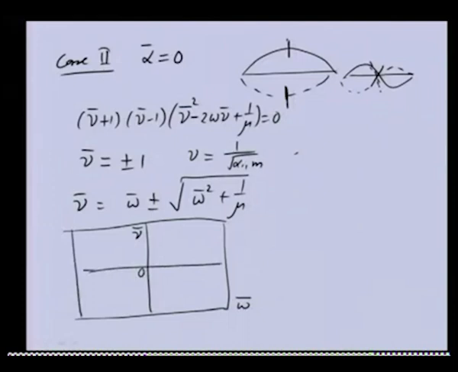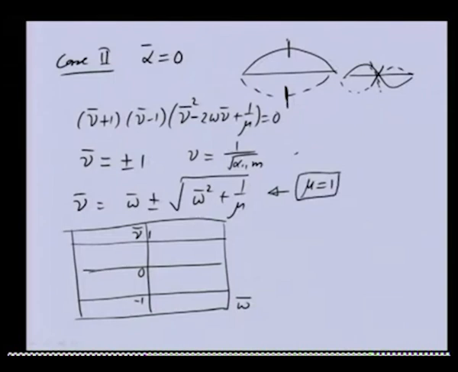We will get a horizontal line, because nu bar is plus 1 here and minus 1 here, corresponding to the first two roots. In the second equation, there is another parameter mu. For plotting purposes, we are assuming that mu is equal to, let us say, 1.